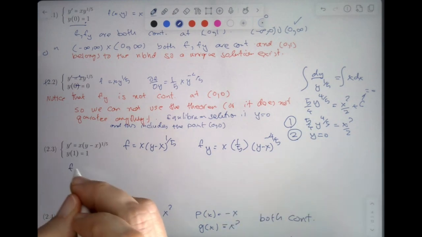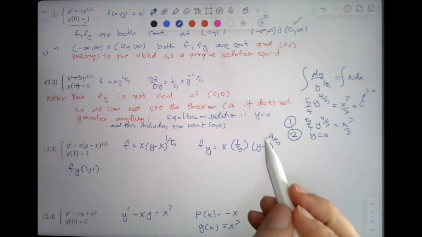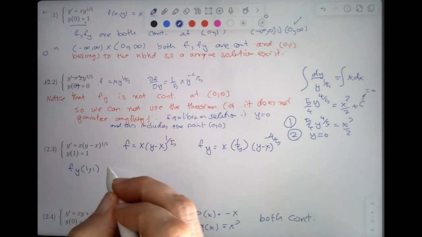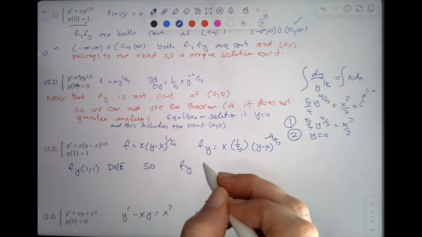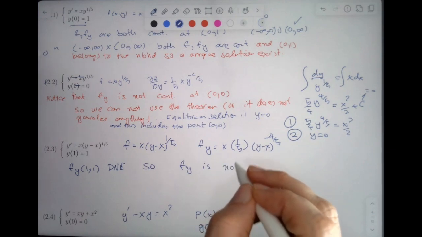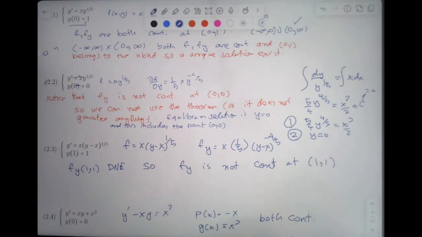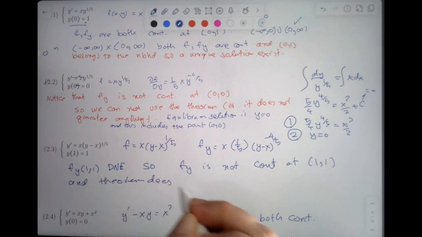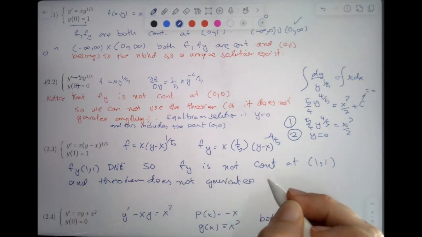Then if I plug in 1 and 1 into f sub y, because there's a negative 4/5 power, just like the ones before, it does not exist. So f sub y is not continuous at 1 and 1, and the theorem does not guarantee uniqueness.